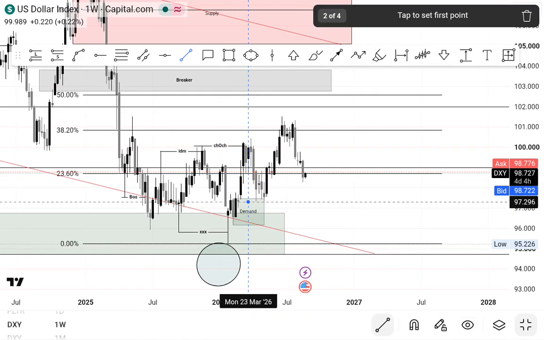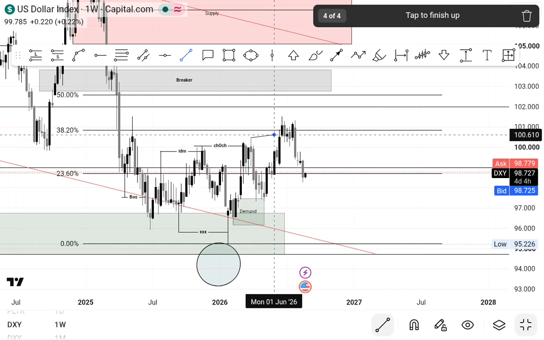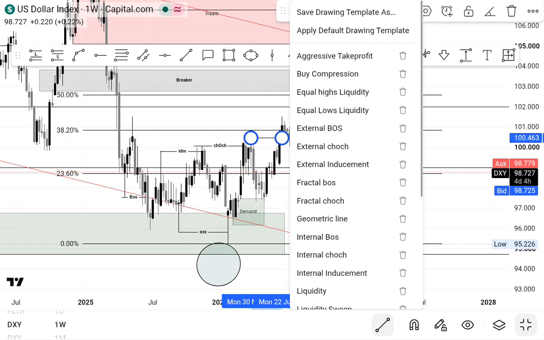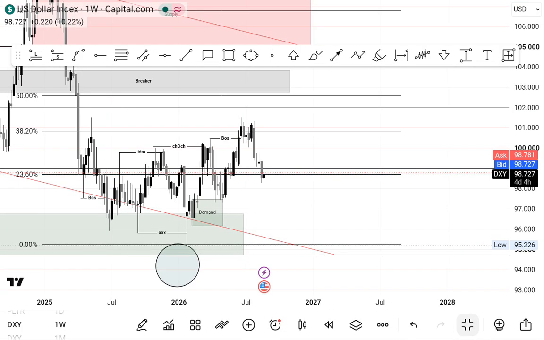From that demand candlestick, we can see that they were pushing from 97, then they changed, so they broke structure around here.